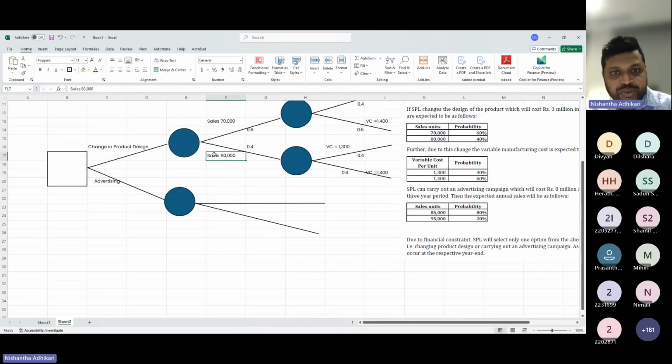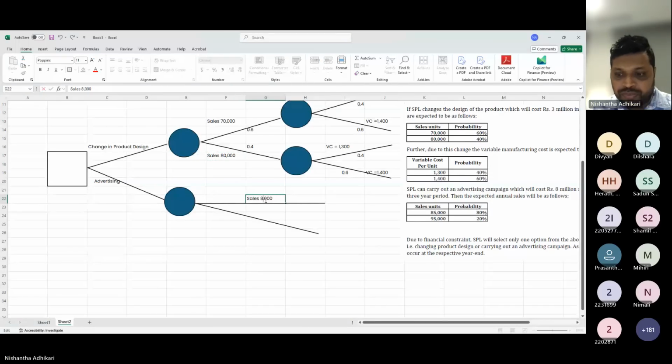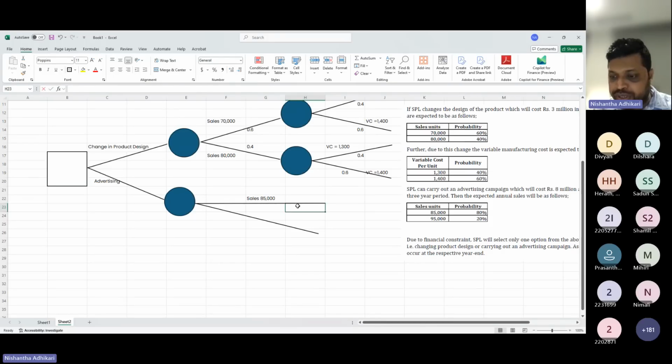Sales 85,000, with a probability of 0.8. And sales can be 95,000, probability of 20%.